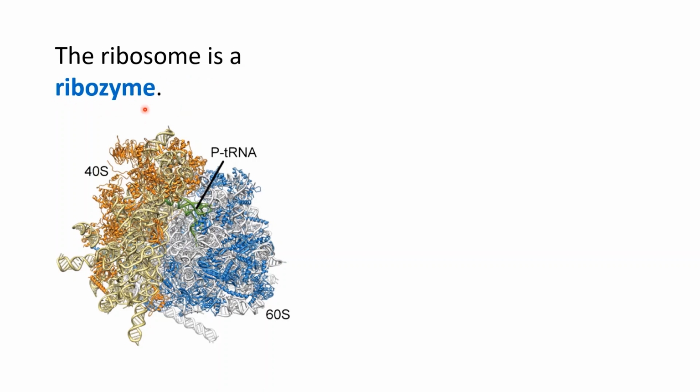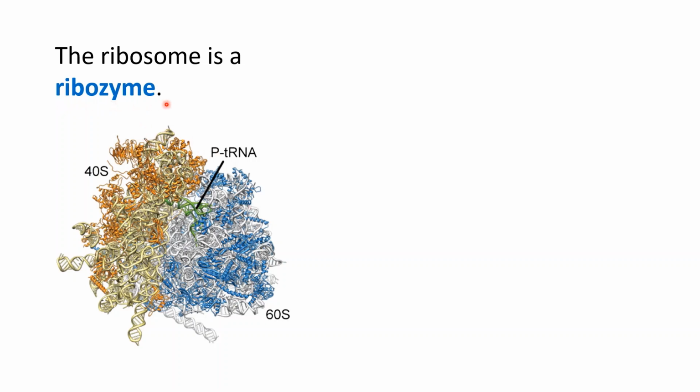Because if you can remember in genetics, the ribosome facilitates the translation of an mRNA into a protein. And that is a chemical reaction in a sense, and the ribosome helps in making that happen at a faster rate. Therefore, a ribosome is actually a form of an enzyme, and it's called a ribozyme.